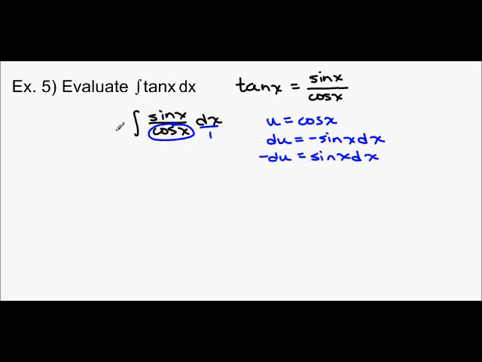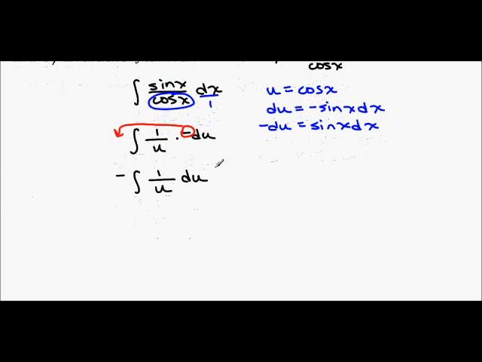Okay, so I now have the integral of 1 over u times negative du. And I'm going to boot that negative out to the front. It's a negative 1. So I have negative integral 1 over u du. Now I can integrate. And when I integrate 1 over u, it's going to give me ln.